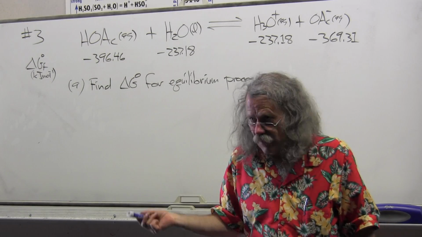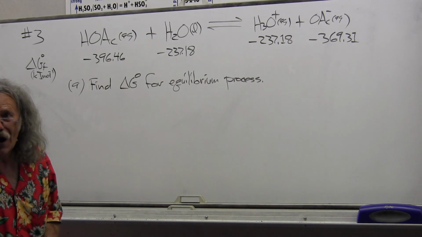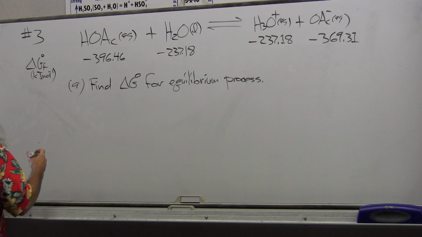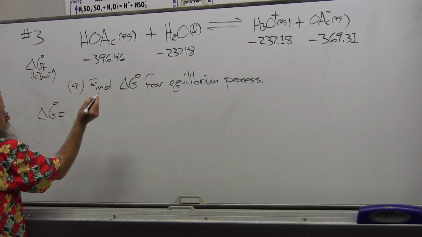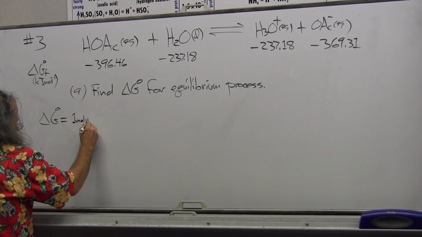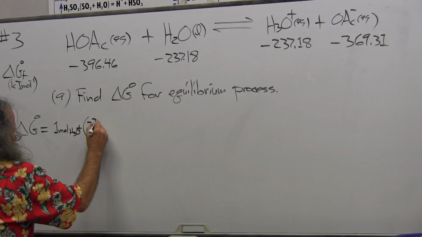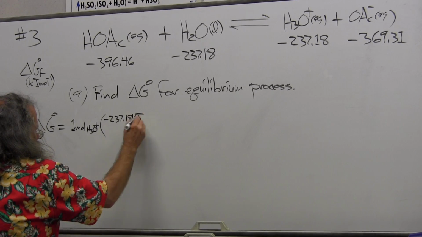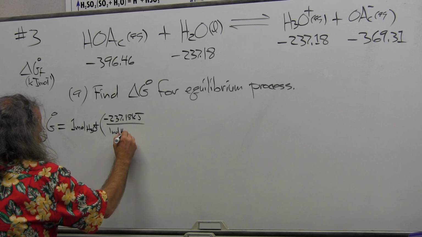You can take that part out when you do the calculation, but for right now, we want to show everything involved. And so delta G naught is equal to, there is 1 mole of hydronium ions times minus 237.18 kilojoules for every 1 mole of hydronium ions.